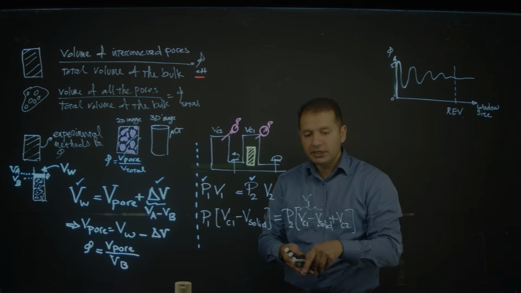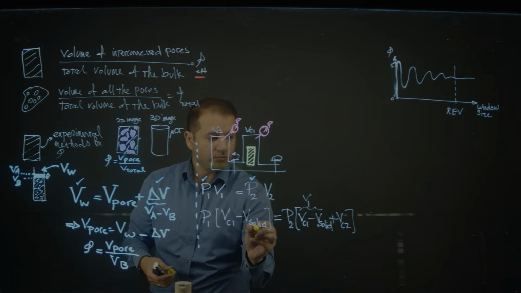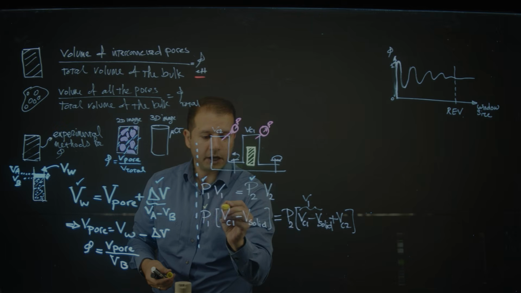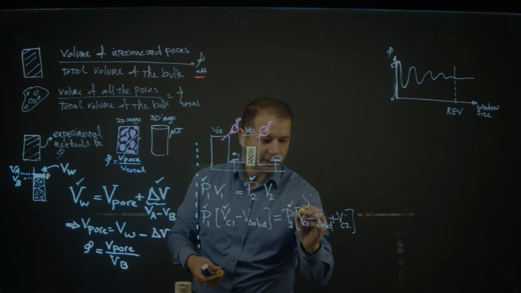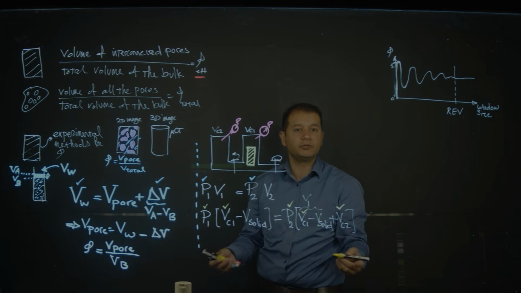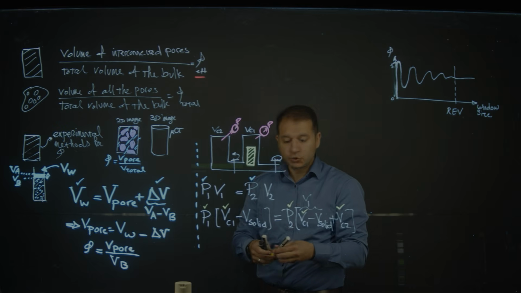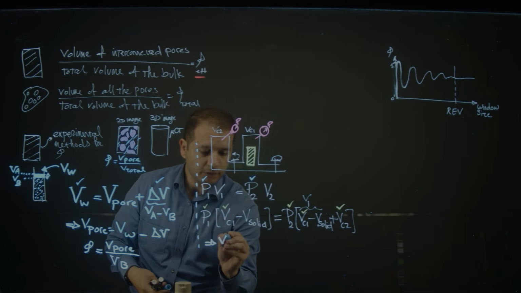Fantastic. So in this way, I can measure the volume of solid because I know P1, I know VC1, I know P2, and I know VC2, because chamber 1 and chamber 2 volumes are known to me. So this way, I can find the volume of solid.